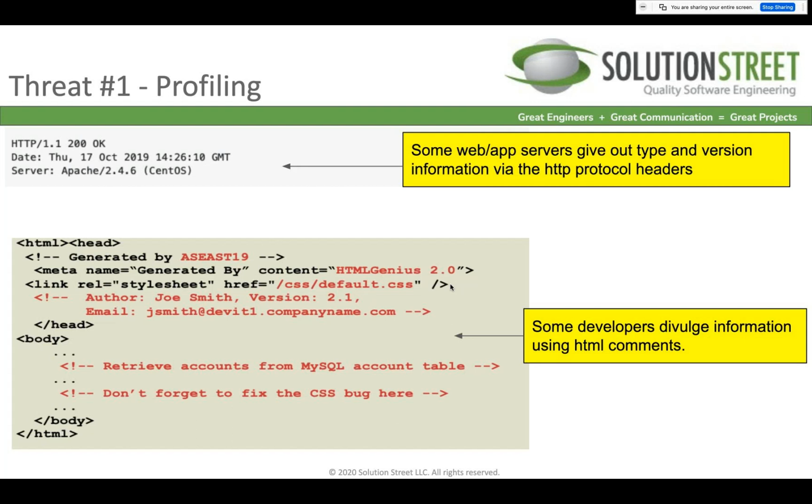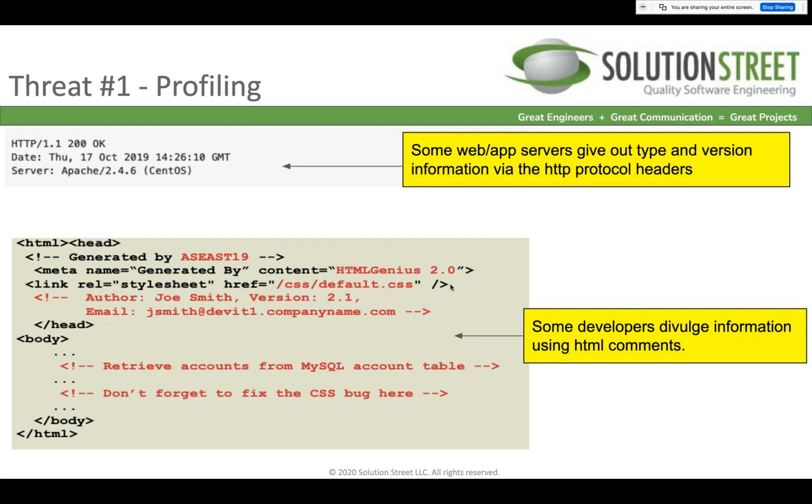Both of these pieces of information could be used by a hacker to say, well, are there any known vulnerabilities in Apache 2.4.6? If there are, let's run that script to try to attack them. Same thing with the operating system. Now I know that they're running CentOS. I don't know what version of CentOS, thank goodness, but it gives the attacker a little bit more of a profile.